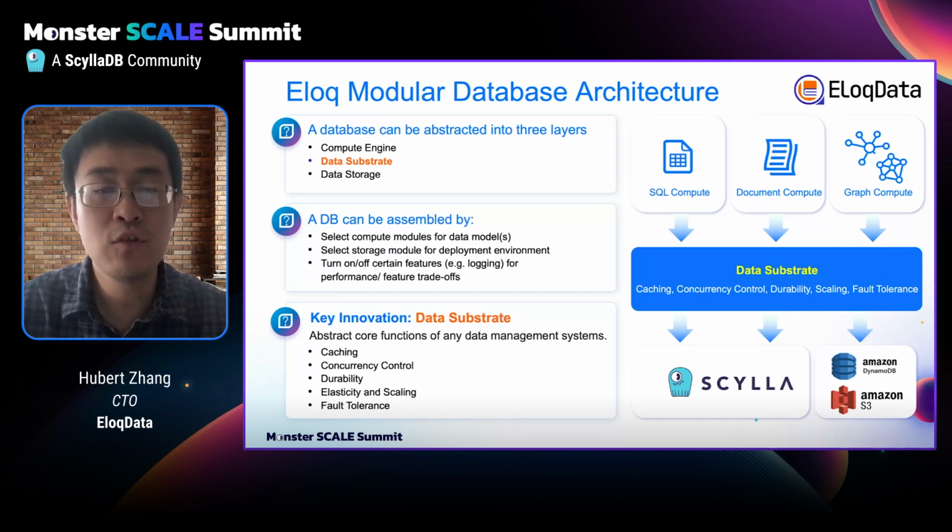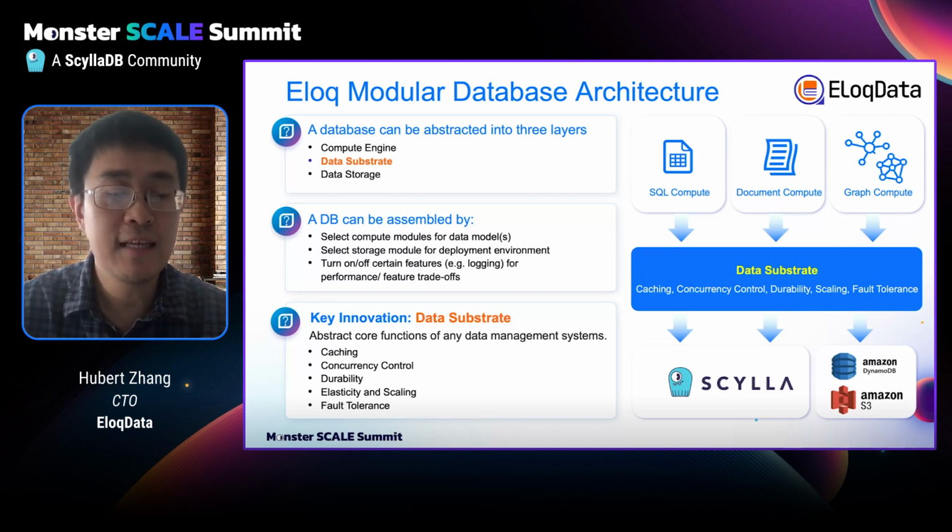We are not going into technical details, but our key innovation is data substrate. It's a pluggable and modular database architecture. We can build different compute engines on top of data substrate and store data on different types of storage. ScyllaDB, in this case, can be used as a storage engine.